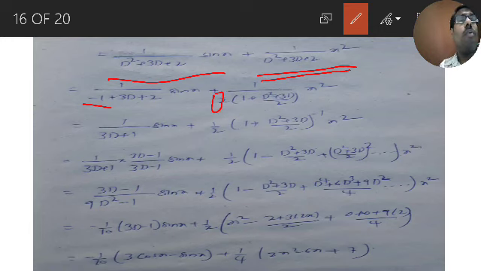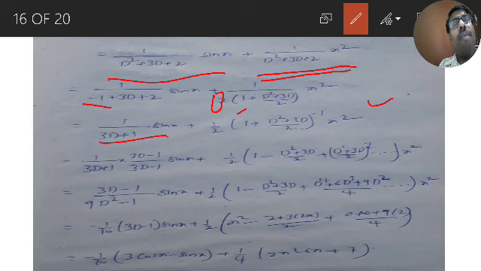At the place of 2 you will get 1, and D square plus 3D you will get (D square plus 3D) by 2. For the next term, minus 2 plus 2, minus 1 plus 1, you get 1 by (3D plus 1) of sin x, and here 1 by 2 into (1 plus (D square plus 3D) by 2) whole power of minus 1.